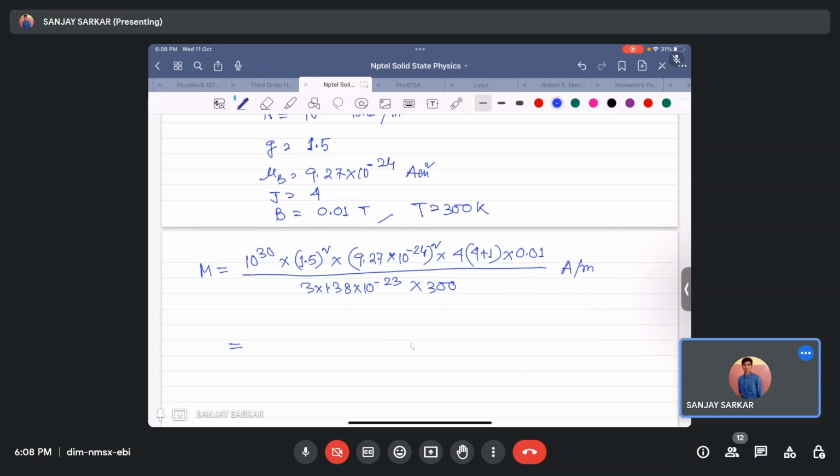So let's calculate this. 1.5 squared into 9.27 squared into 4 into 4 plus 1, that is 20, into 0.01 divided by 3 into 1.38 into 300, so it is 0.031 into 10 to the power, now 48 minus 30 minus 23, so 10 to the power 5 ampere per meter.